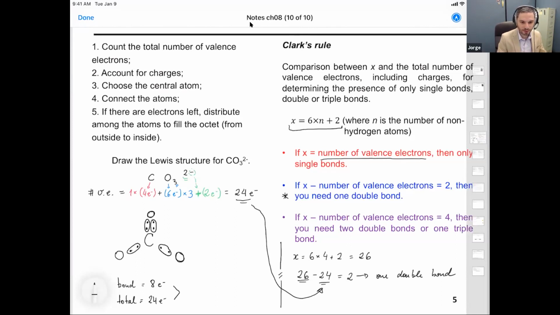24 was the total. 8 was what we spent connecting the atoms, which means we have 16 electrons left.